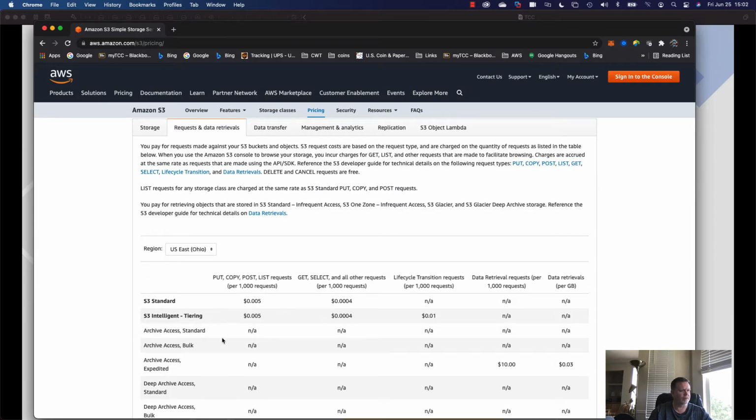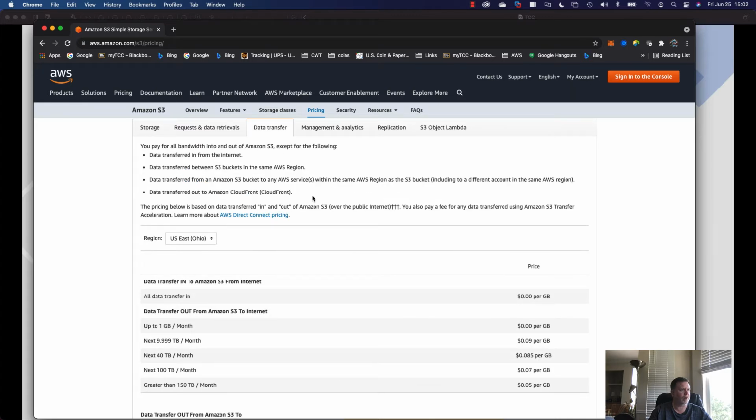So depending on the storage class, it's a fraction of a penny per 1,000 gets and selects, right? Or if you're copying and pasting, adding files, it's half a cent per 1,000. So you pay for the retrieval.